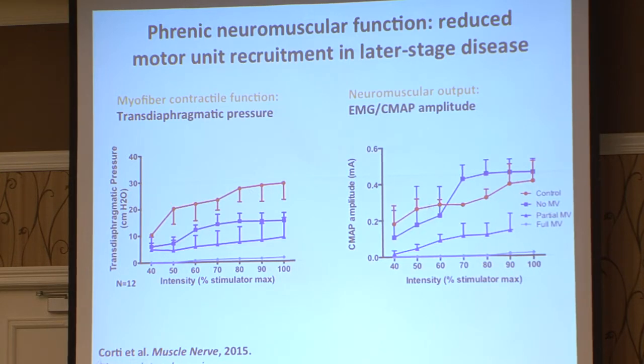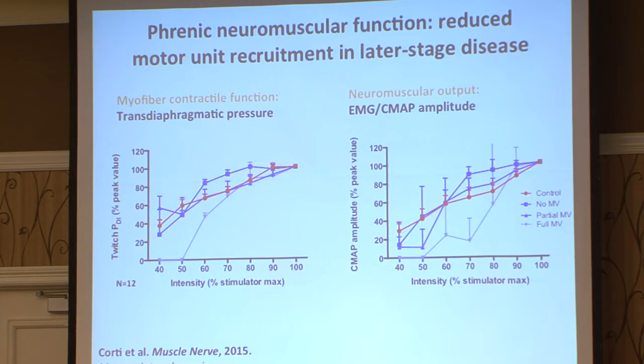When we look at pressure and output in terms of percentage of the peak response that we're able to get, this helps us distinguish recruitment of motor units a little bit more.